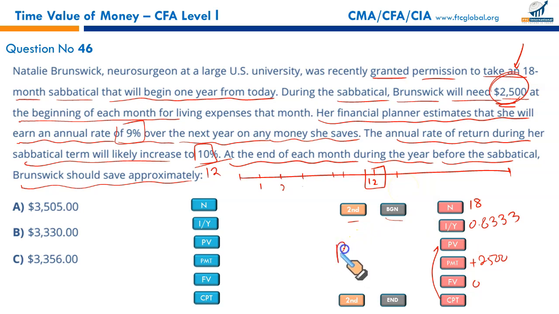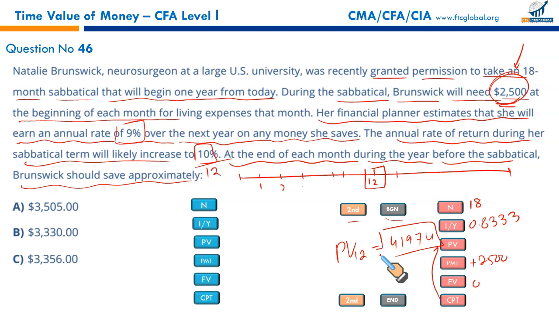This PV, which you have calculated by punching in these numbers, is at the end of year 12. Using 18 periods, this interest rate, this payment at the start of each period with 0 FV gives you 41,974. This is what should be there at the end of the 12th month when her sabbatical starts.